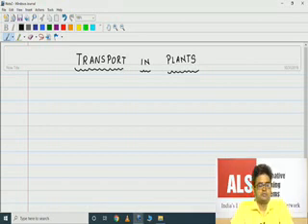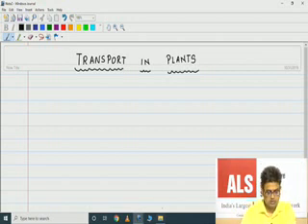Then there is osmosis, which is only for water in plants. For transporting ions such as sodium and potassium, you will use active transport. For essential things like glucose, anything essential for the survival of the cell, you will use active transport. For other things which have a concentration gradient, we do not need to spend energy, and we will use facilitated diffusion. These are the methods I told you in the last class.